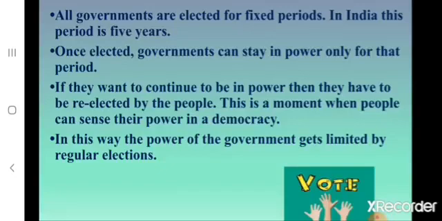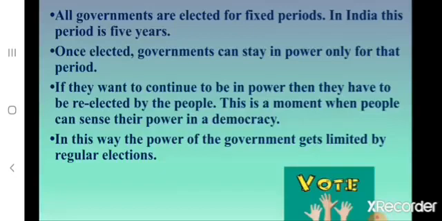That is, this is a moment when people can sense their power in a democracy. That means if they feel the government is good, then they can re-elect it again. But if they feel that the government is not working for the welfare of the people, then they can choose any other representative of another political party.